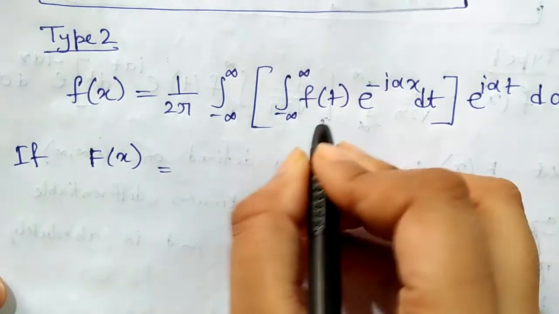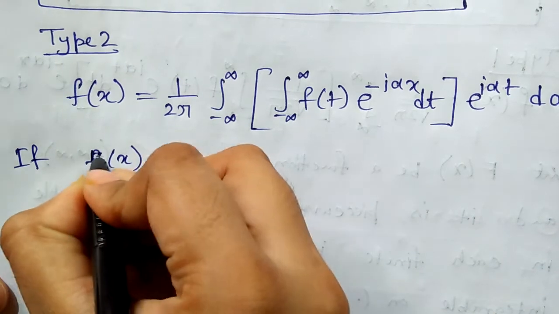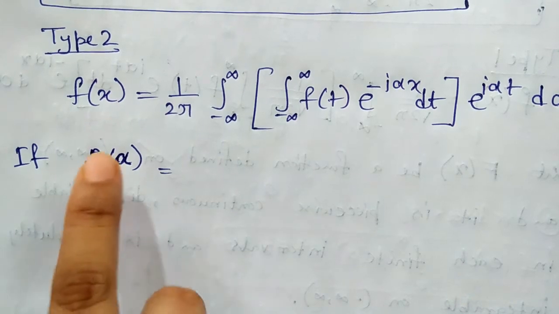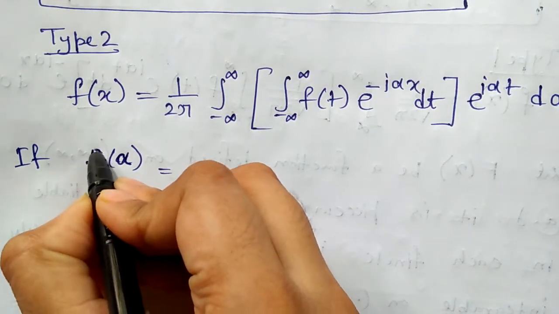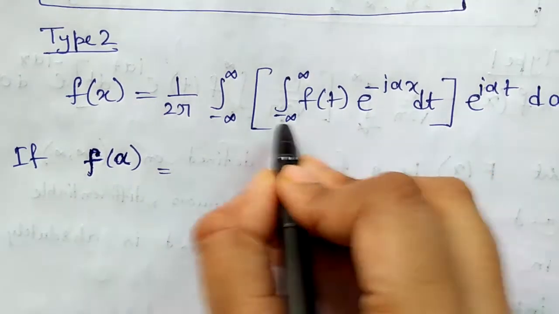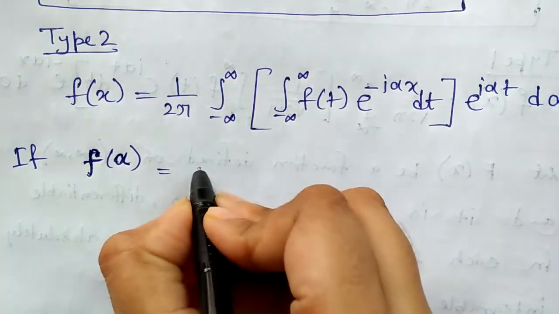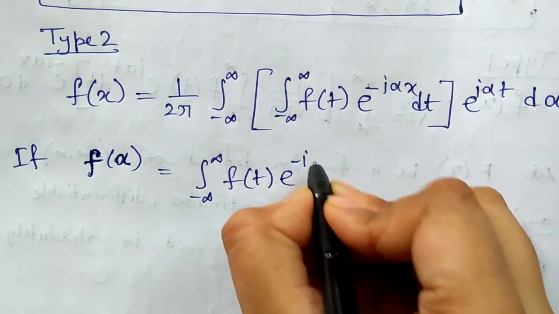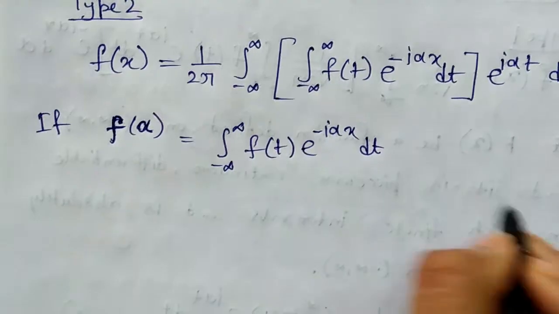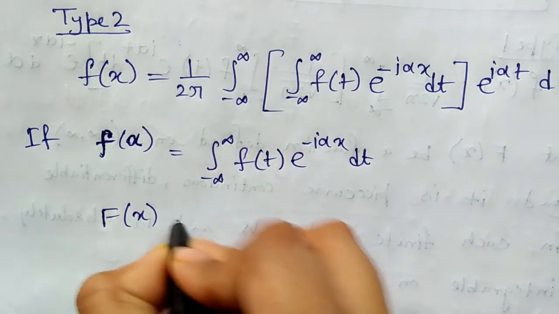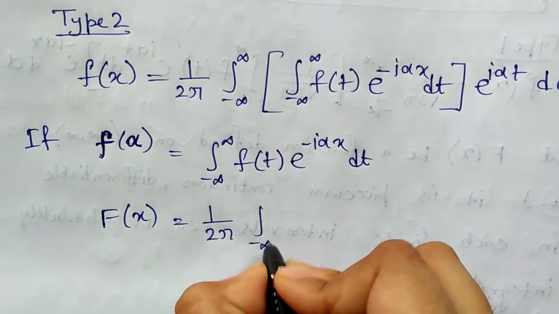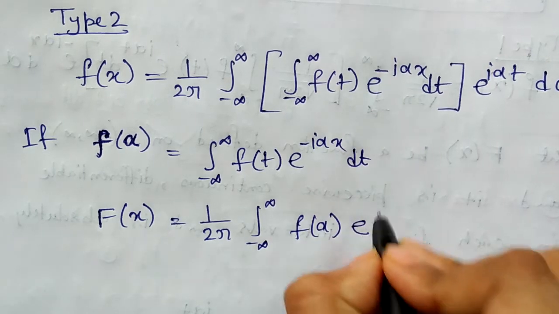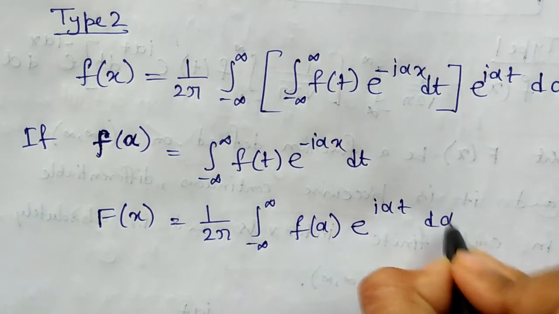I first choose the small f(s) part, small f(alpha), that means this inner part, integration minus infinity to infinity f(t) e to the power minus i alpha x dt, and the capital F(x) part, that is 1 by 2 pi integration minus infinity to infinity, this one is small f(alpha), then e to the power i alpha t d alpha.